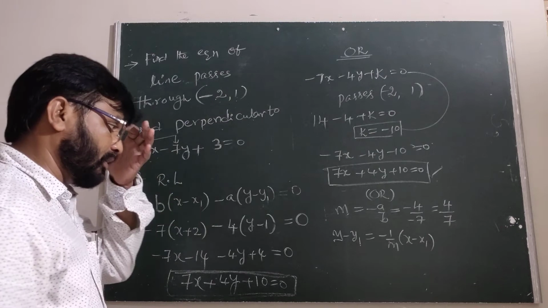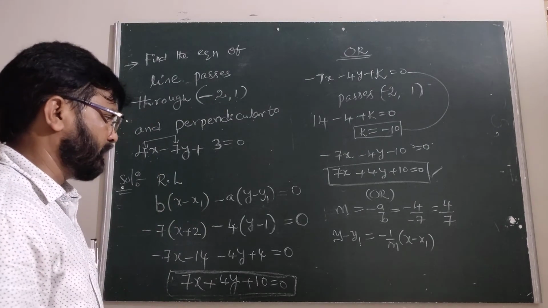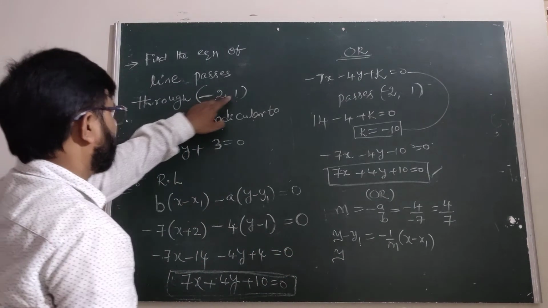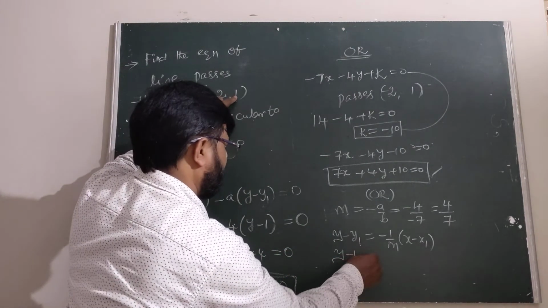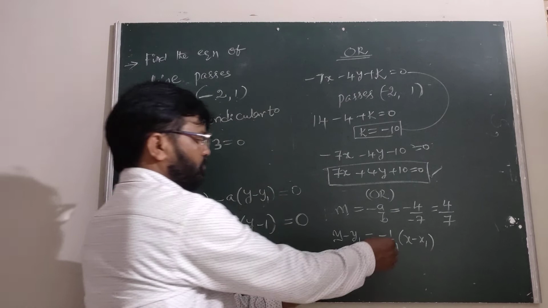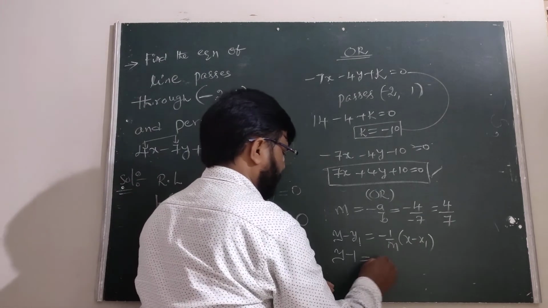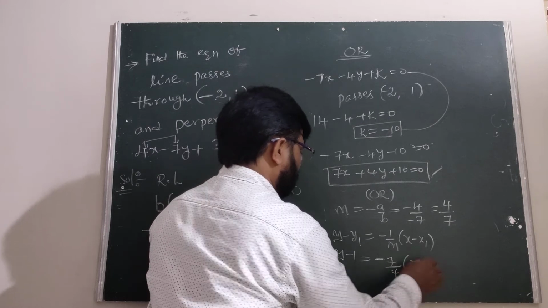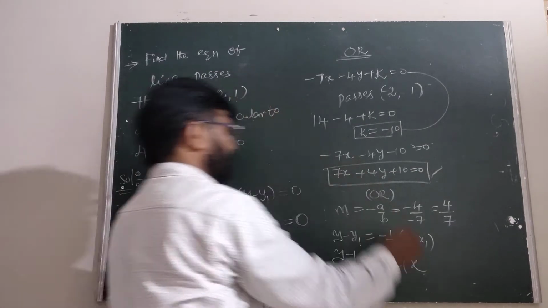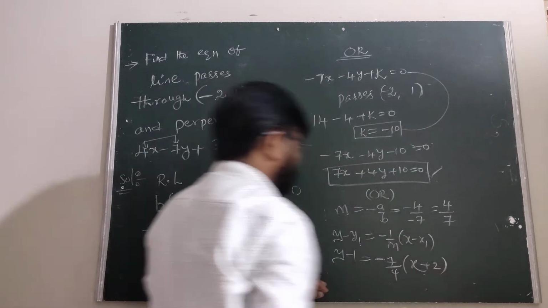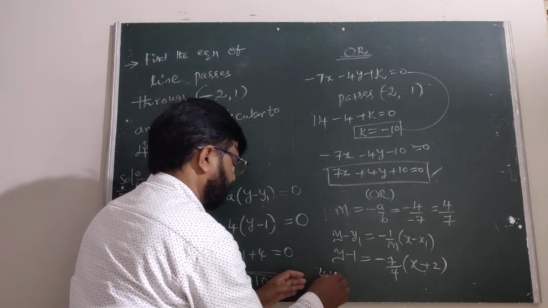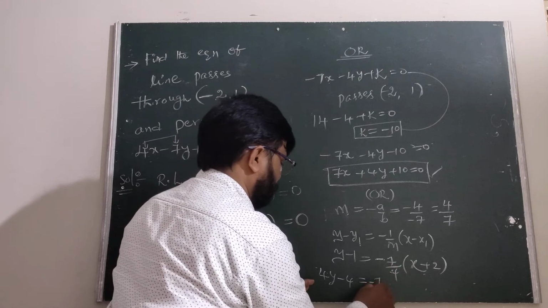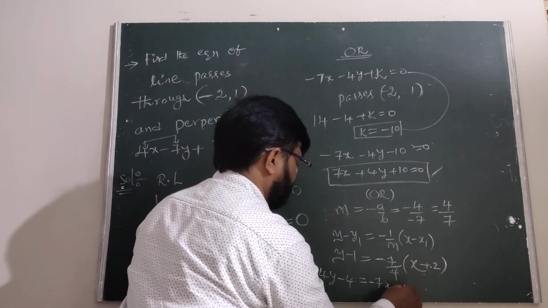So y minus 1, and minus 1 by m is minus the reciprocal of this, which is 7 by 4, into x minus x1, that is x plus 2. Now is it clear? This is 4y minus 4 minus 7 into x minus 7x, this is the minus 14.